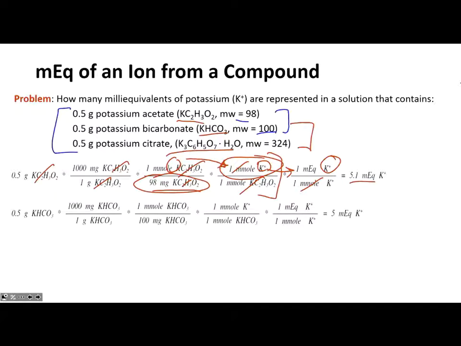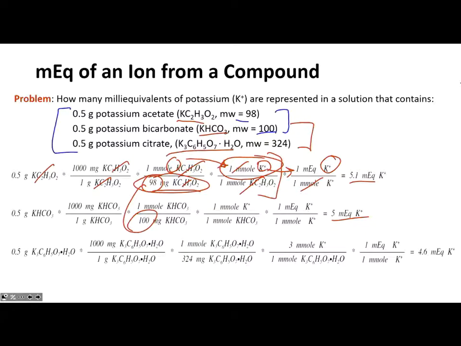So what is the only difference between those 2 numbers? Is the difference between 98 and 100. Okay? So even though they're a completely different chemical, so potassium bicarbonate versus potassium acetate, since the molecular weight of both of those are about the same, converting from a weight to the number of milliequivalents gives you about the same number of milliequivalents.